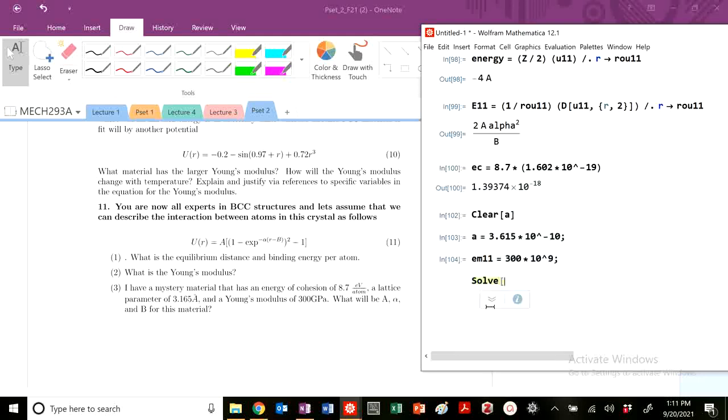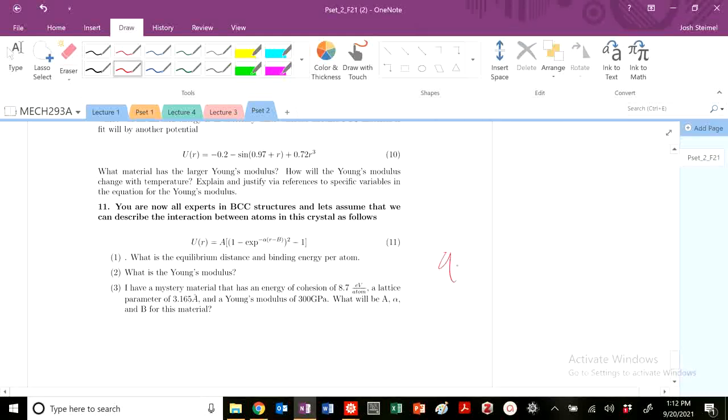Well, I have 3 unknowns, but I have 3 equations. So my E11, set that equal to the Young's modulus. For BCC, I know my lattice parameter A is equal to 4R over square root of 3.